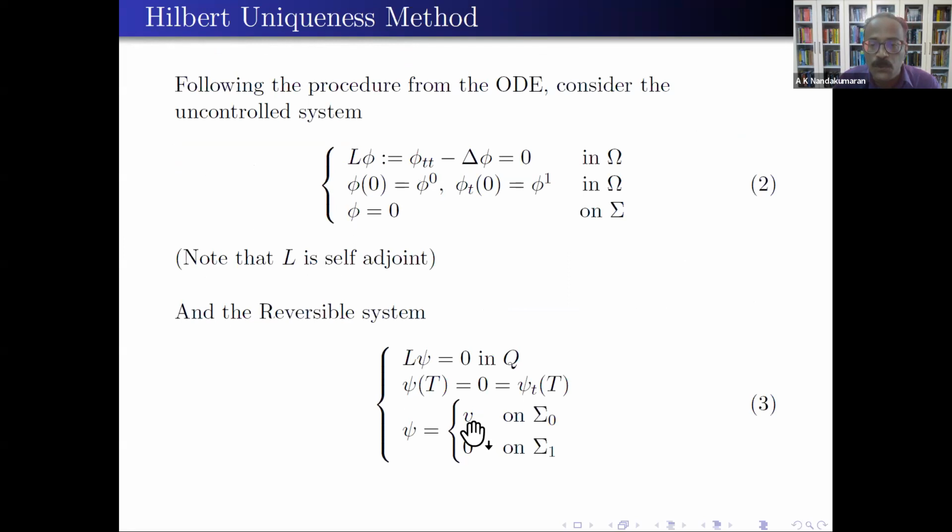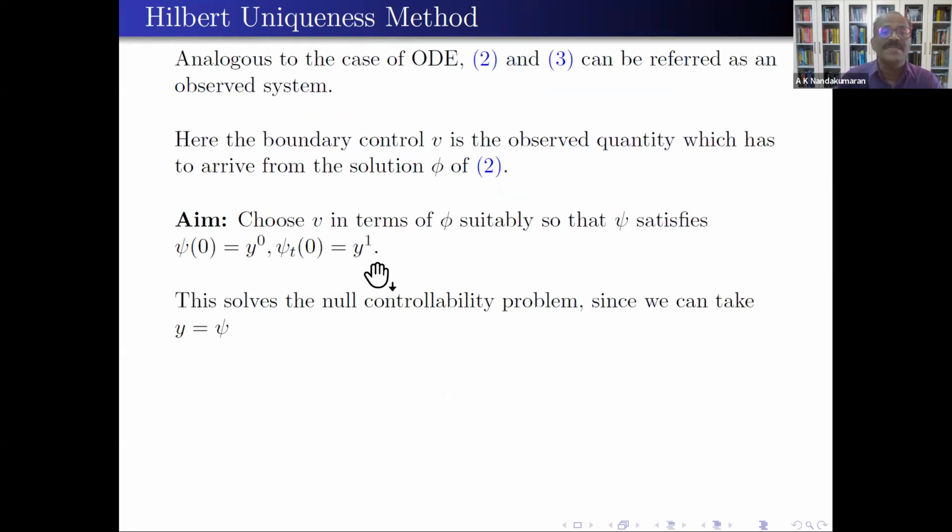Your idea is to choose V in terms of phi, and there are various types of V. You can make any kind of observation, or you can also vary phi0, so that for at least one choice of phi0, phi1 and an observation, we can choose V so that the null controllability problem is solved, because in that case y equals xi, and the control will be the choice of the observable quantity. So that's the whole thing.